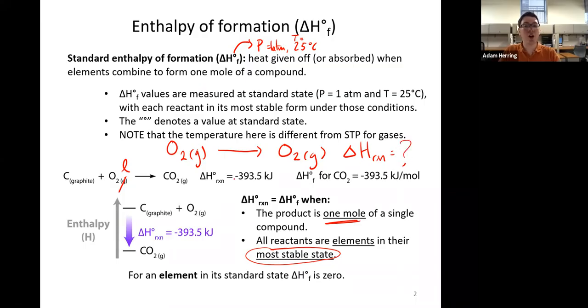Well, since I started and ended in the same state, there is no change. Therefore, for elements that are already in their standard states, the enthalpy of formation is defined as being 0. So again, another example here is going from carbon graphite to carbon graphite, the enthalpy of formation is 0. There's no energy required to do that because nothing actually changed.